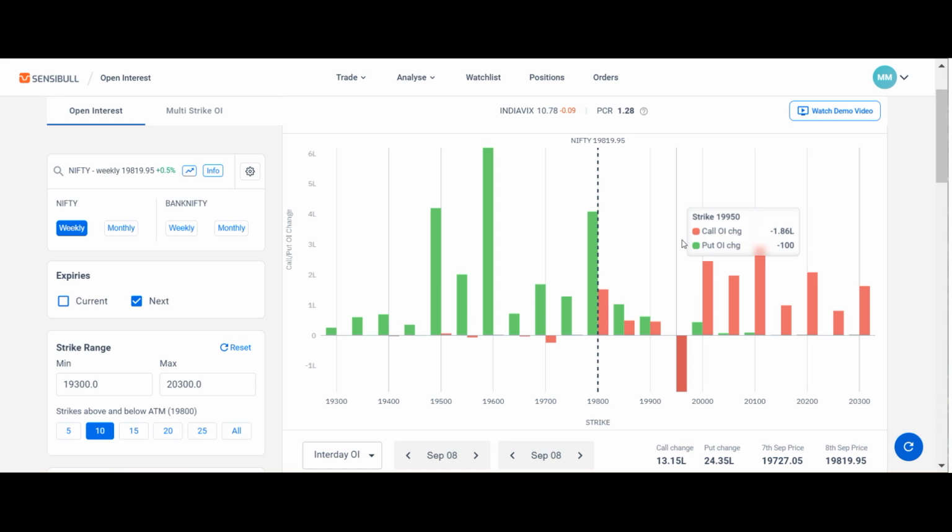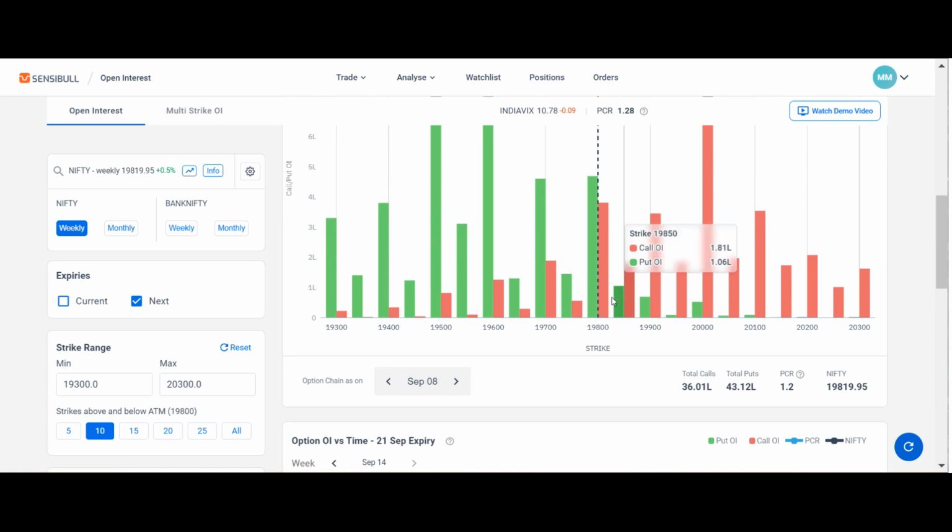Now what is happening here is that we are seeing a kind of put writing which is much heavier than the call writing. Basically, more strikes are added on the put writing side than the call writing side. So whatever data we analyze, this data might be earlier, maybe the put writers were fewer and the call writers were more.